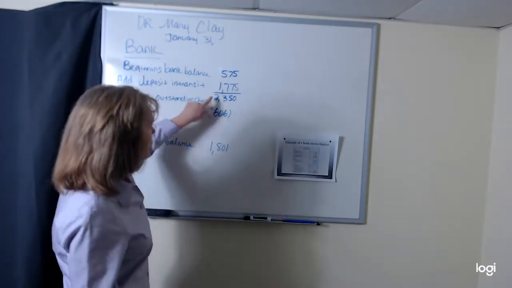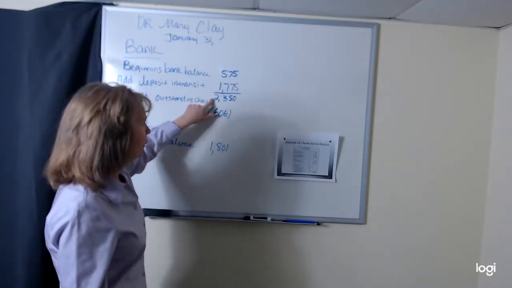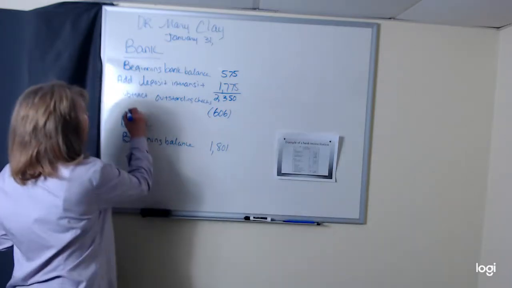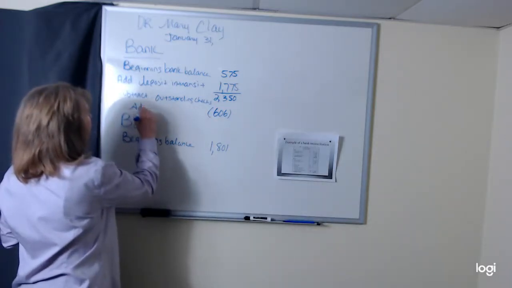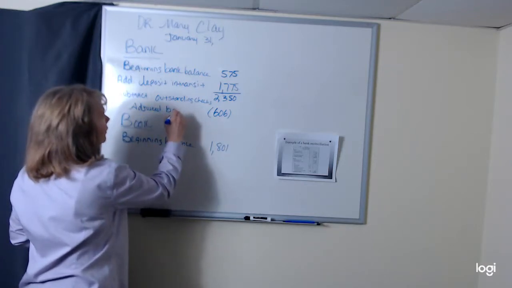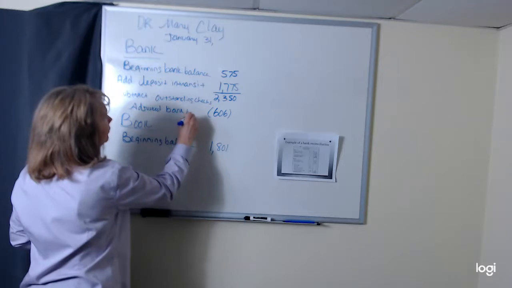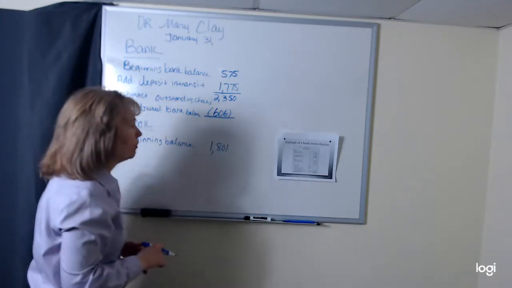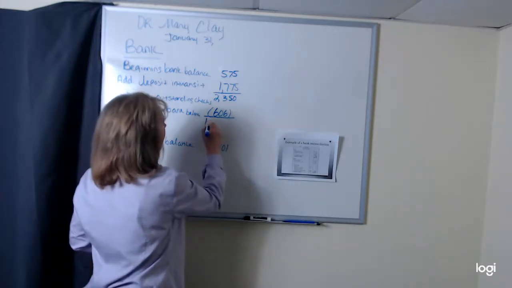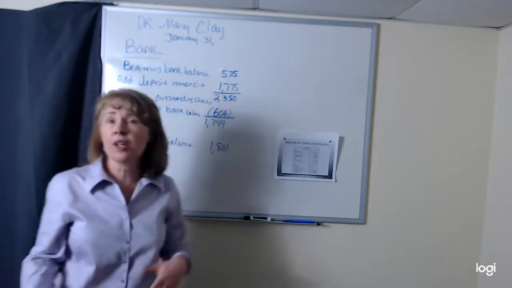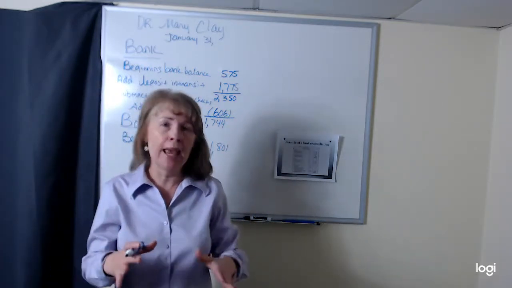You would take your subtotal, 2,350, subtract your 606, and that would equal your adjusted bank balance. Okay, so draw a line. That's your adjusted bank balance, and that's 1,744. That's your adjusted bank cash balance for the bank.